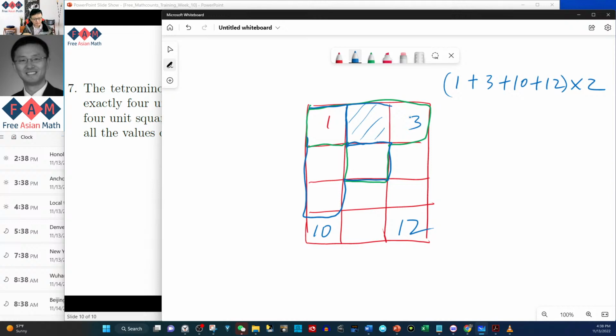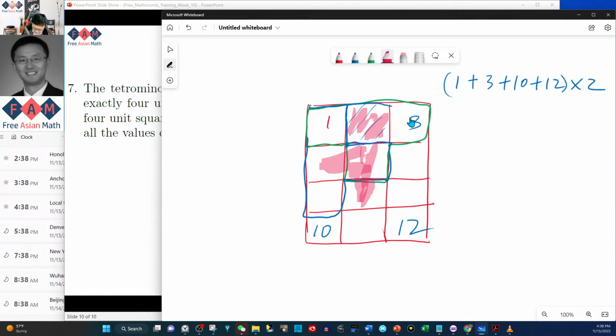Yeah, we can flip it, right? So we can also take this way to cover it, right? This is another way. Any other way? Yes, we can cover it this way, right? Because now it will be used by that.